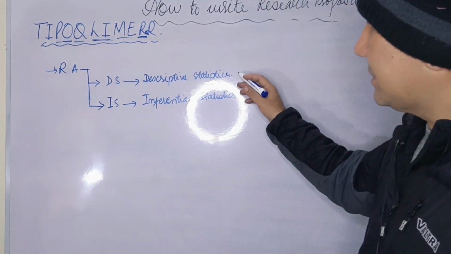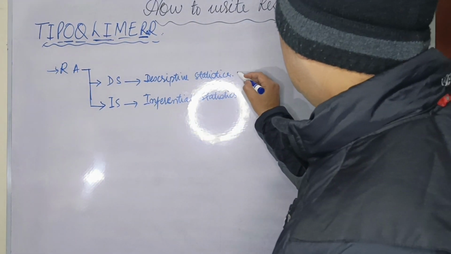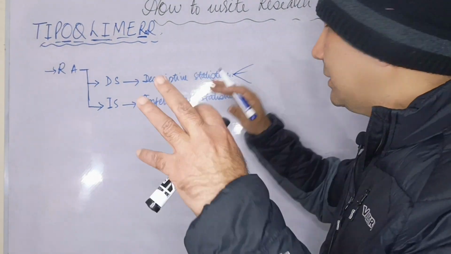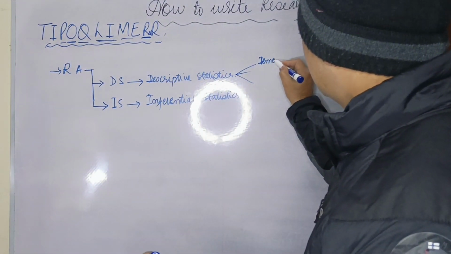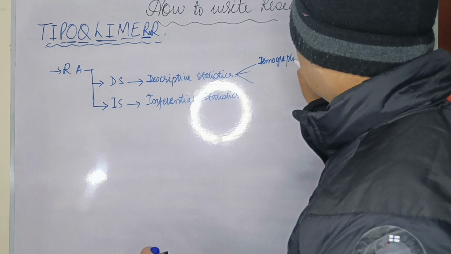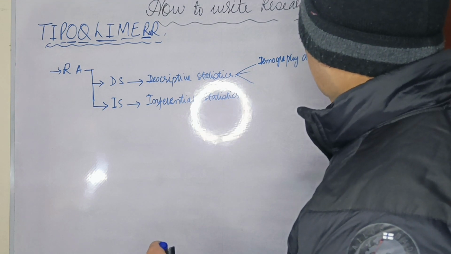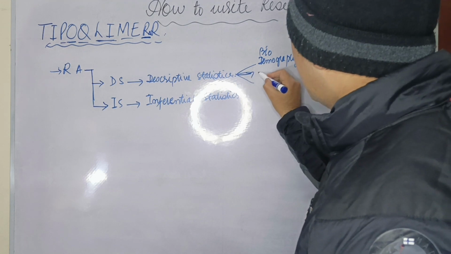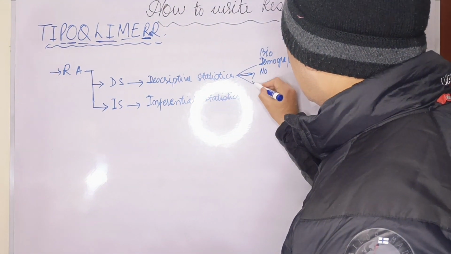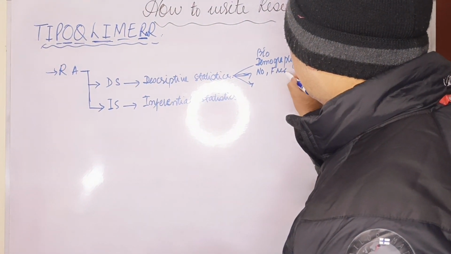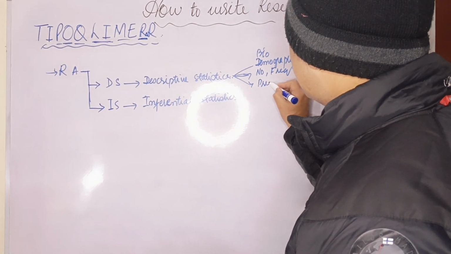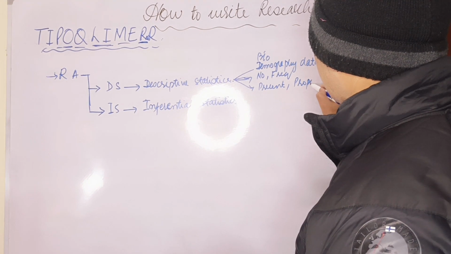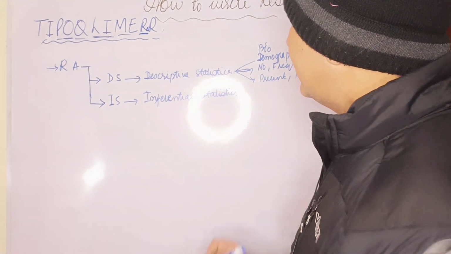In the descriptive statistics, you will say that I will describe all the demography data, biodemography data. I will explain the numbers, the frequency, definitely the percentage and proportion in this area.